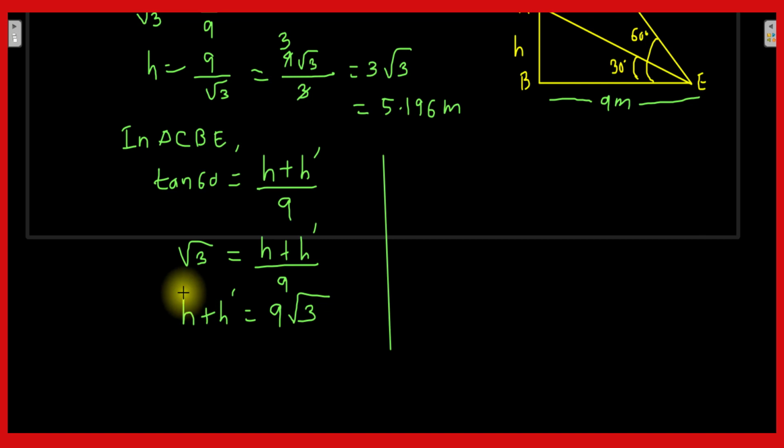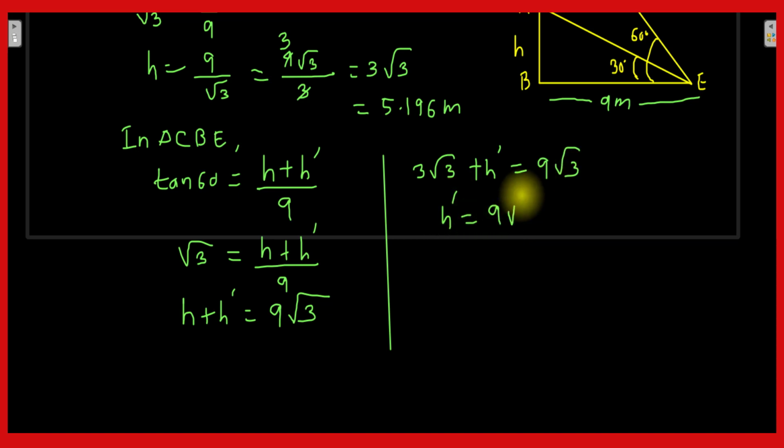Now here friends, put the value of H as 3 root 3. Don't put the numerical value, because here already root 3 is there, and so it will be easier for the calculation. So 3 root 3 plus H dash is equal to 9 root 3. So H dash is equal to 9 root 3 minus 3 root 3.